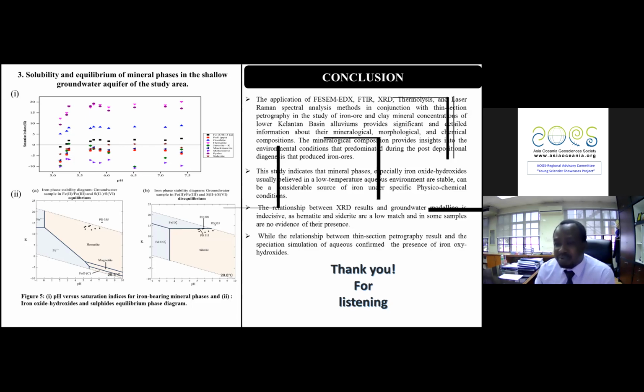The mineralogical composition provides insight into the environmental conditions that predominated during the post-depositional diagenesis that produced the iron ores. This study indicates that mineral phases, especially iron oxyhydroxide, usually believed in low temperature aqueous environment to be stable, can be a considerable source of iron ores under specific physicochemical condition.